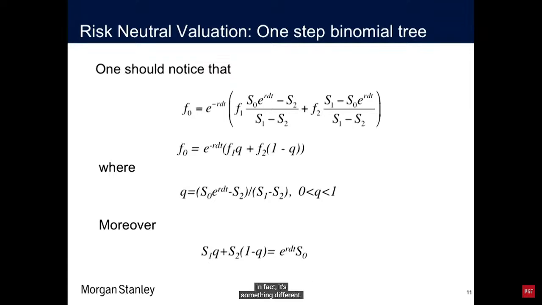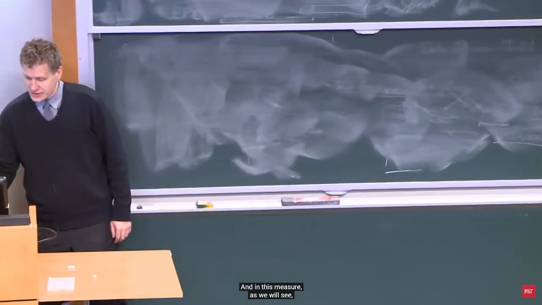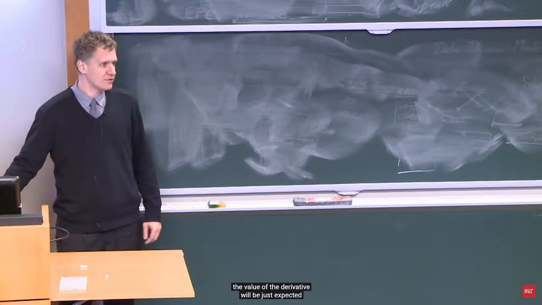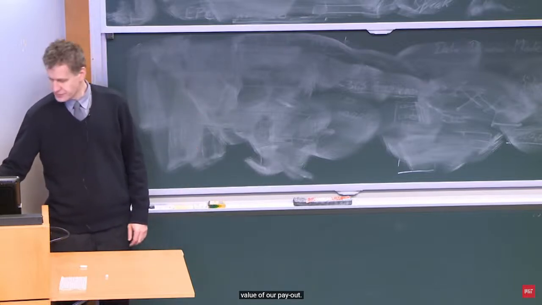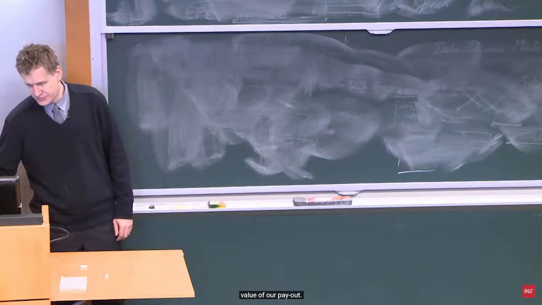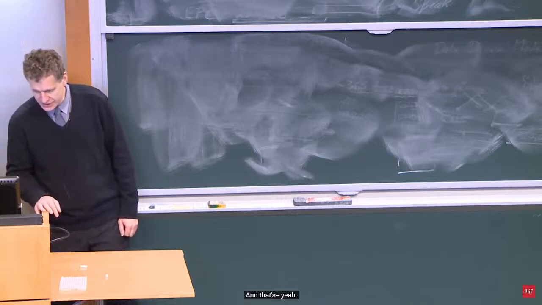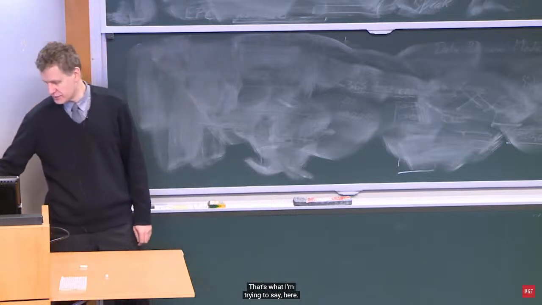In fact, it's something different. But such a probability exists. The measure where our stock behaves like this is called a risk-neutral measure or martingale measure. And in this measure, as we'll see, the value of the derivative will be just the expected value of our payout. And that's what I'm trying to say here.